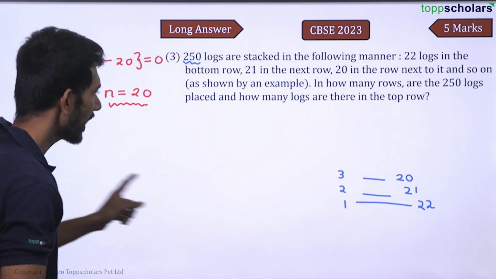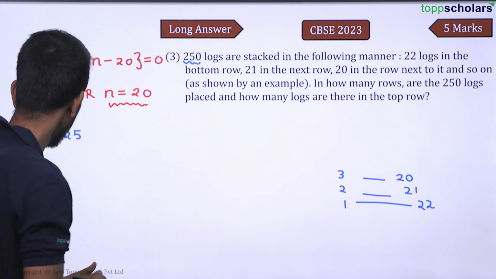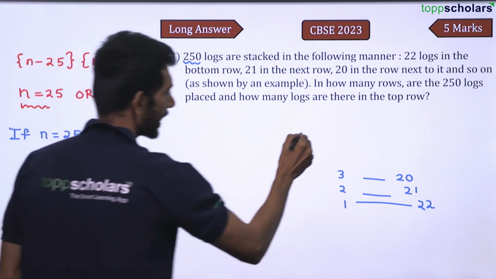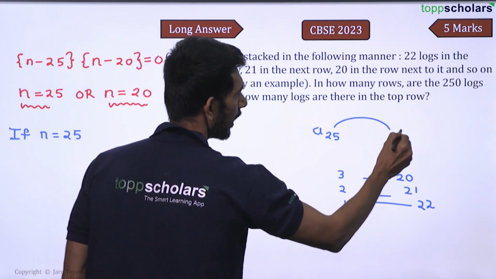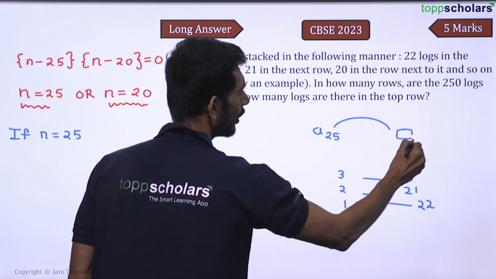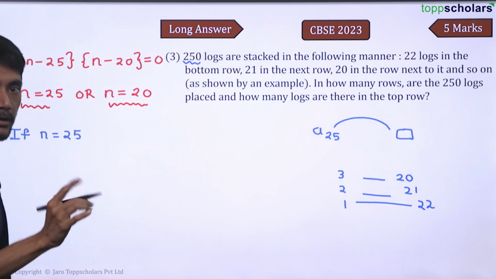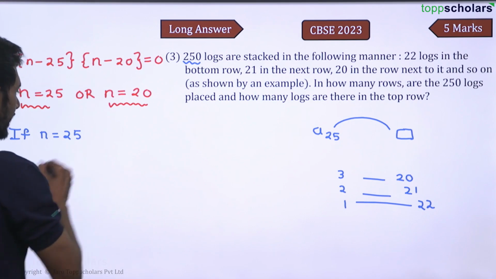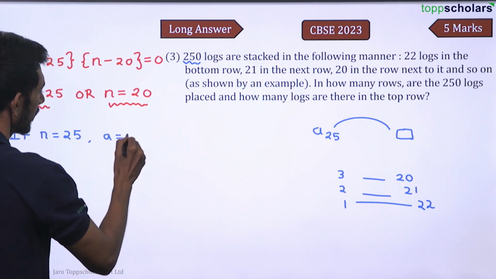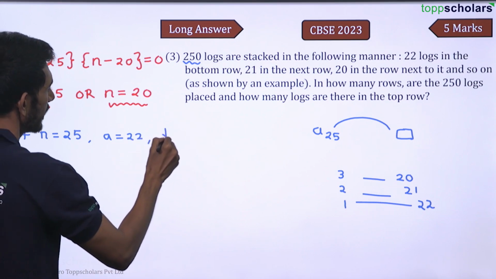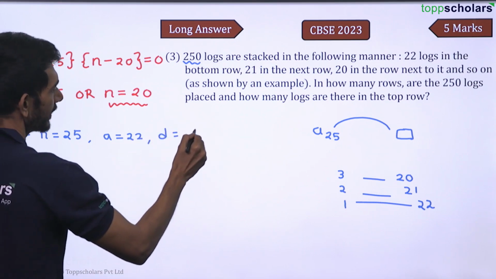Now suppose we have the 25th row over here. Let me find A25 to see how many logs are there. So if n is 25, our A is 22 and our D is -1.